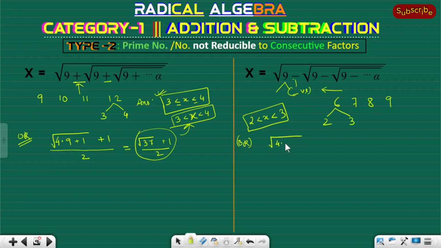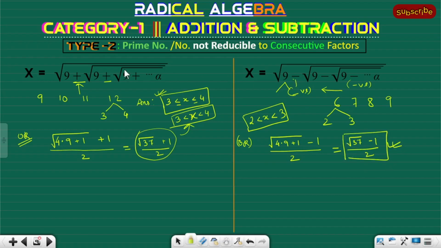Root of 4 into 9 plus 1. This is fixed. Here it will be minus or plus. Here it is negative, so it will be minus 1 divided by 2. So this is root 37 minus 1 by 2. This is the answer.